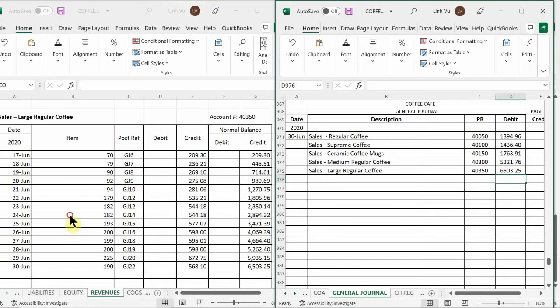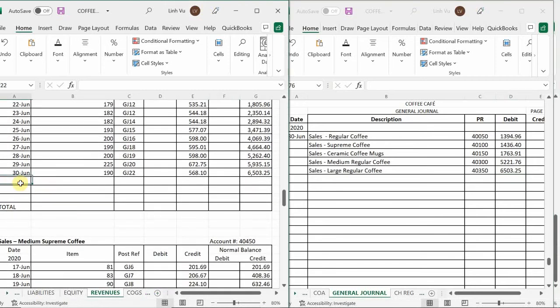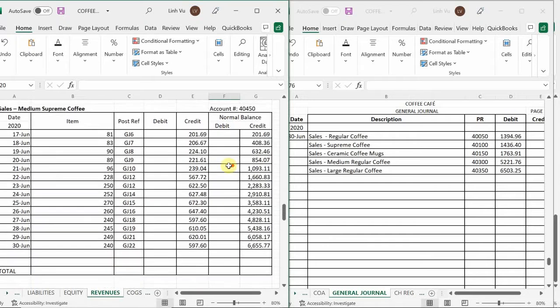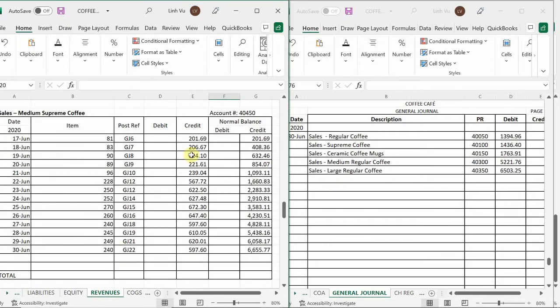Okay. And we close this out for the $6,503.25, and that should zero out this account. Okay.